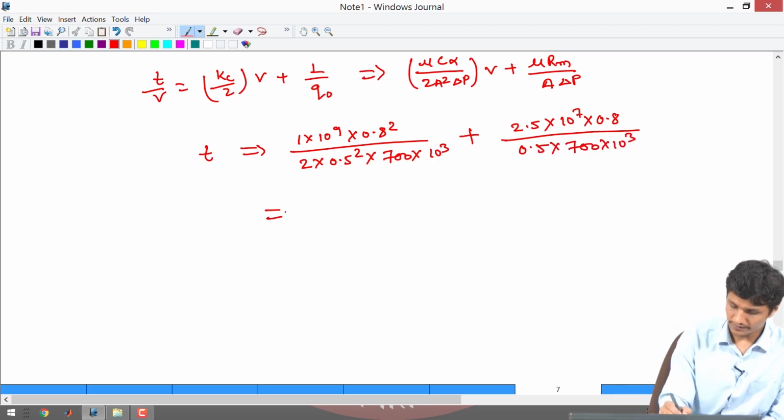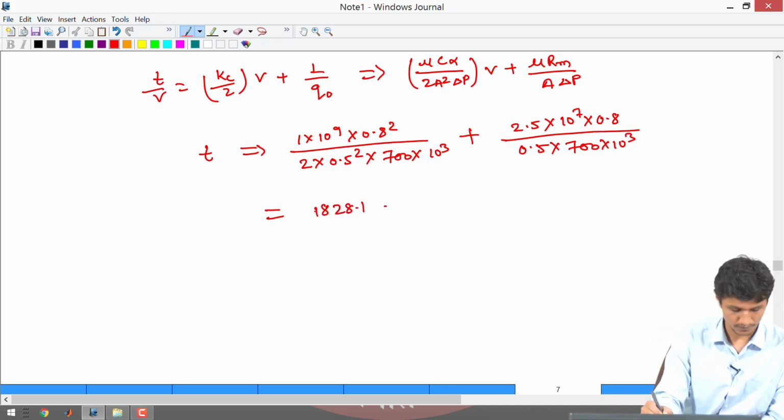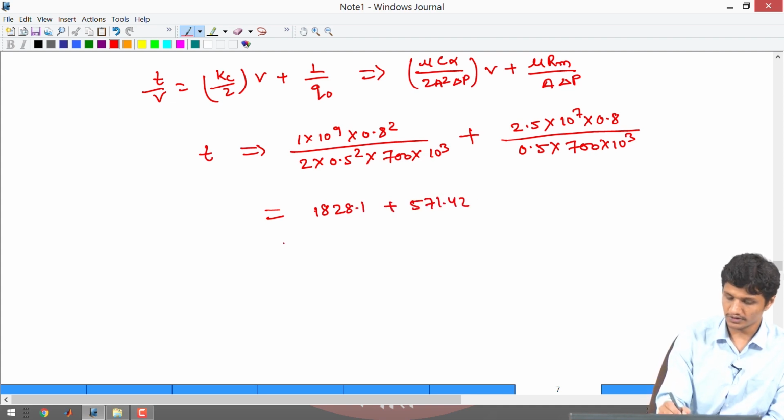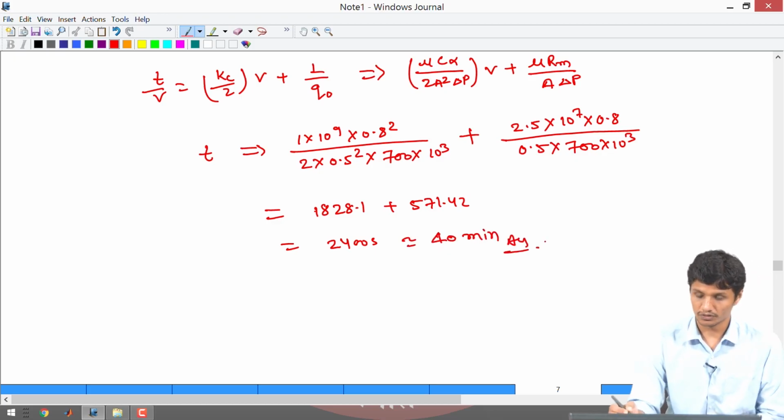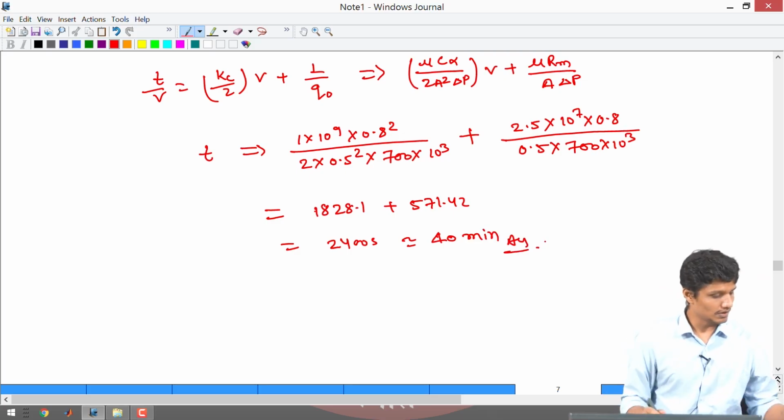So it will come about 1828.1 plus 571.42 second, equal to 2400 second, equal to 40 minutes. This is the time required to collect about 0.8 meter cube of the filtrate.